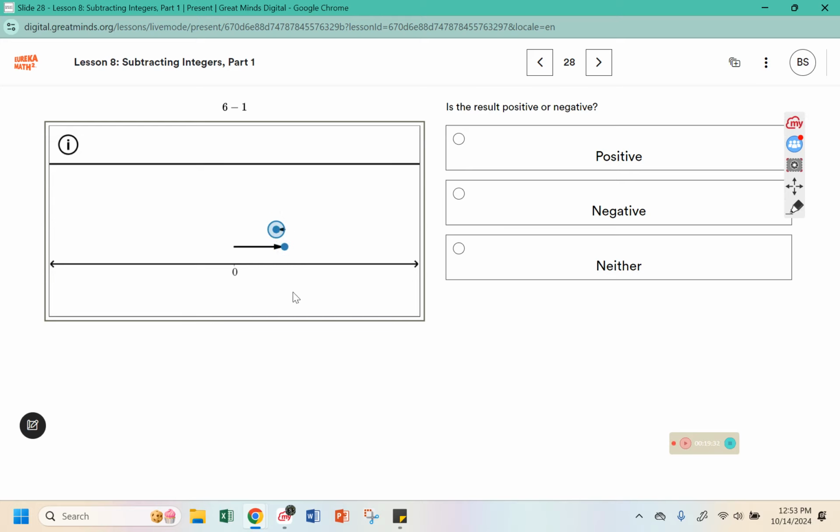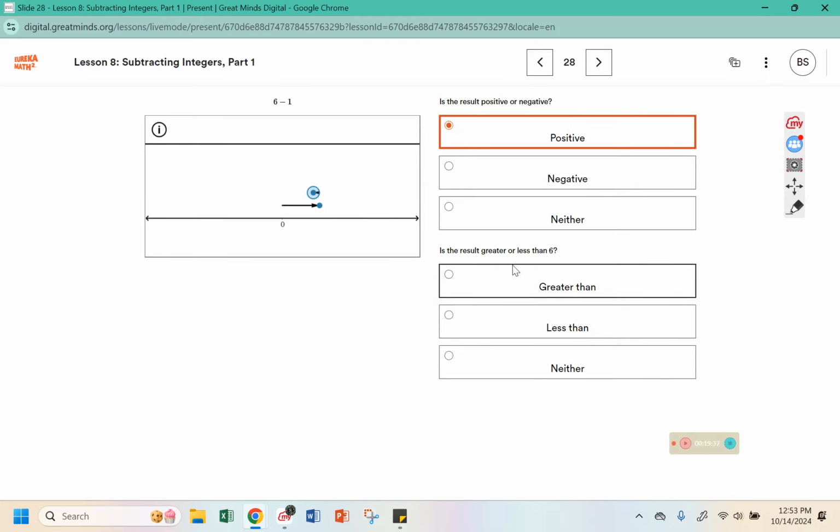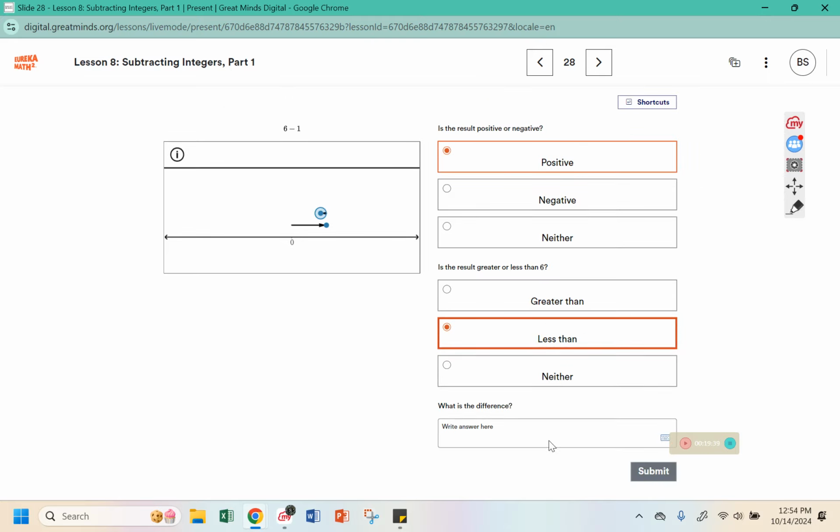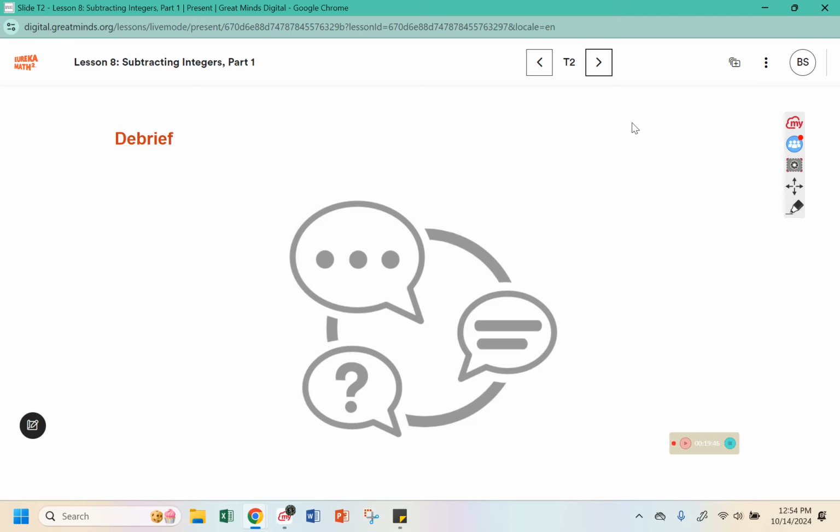Our sum or our difference is still positive. It's still above 0, but it is less than 6 because we had to move to the left. 6 minus 1 has a difference of 5. Make sure your warm-up is filled in and any notes that you need to take are written down as well.